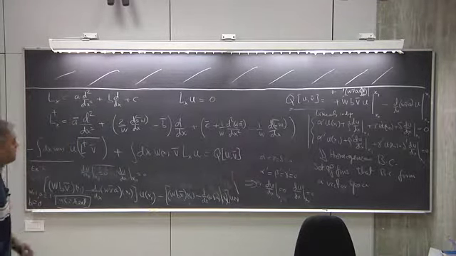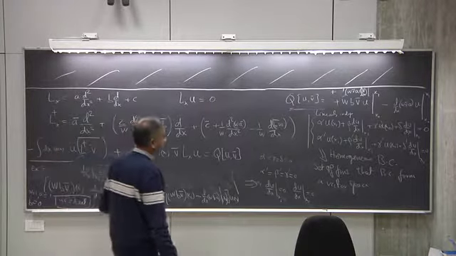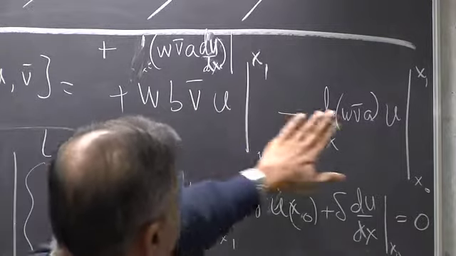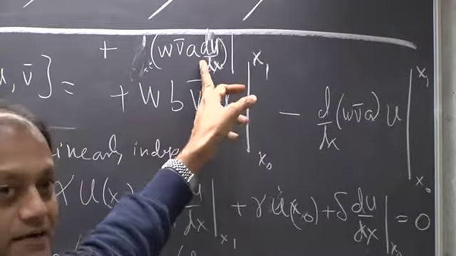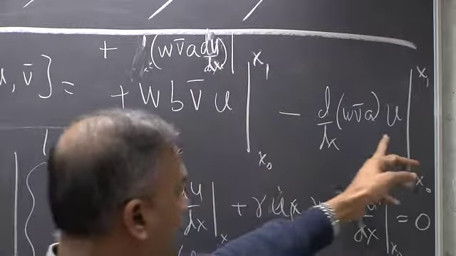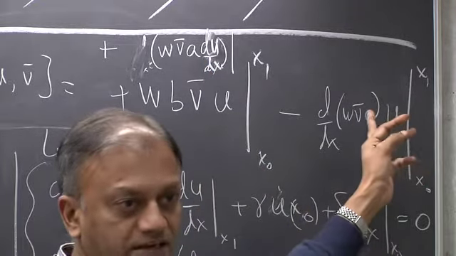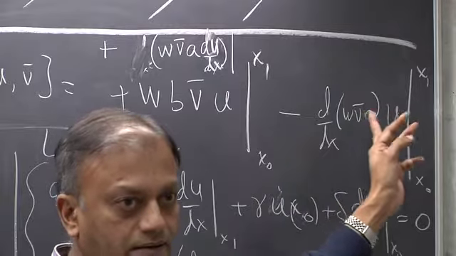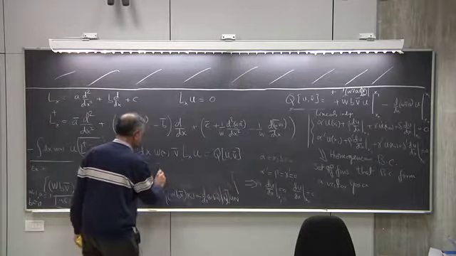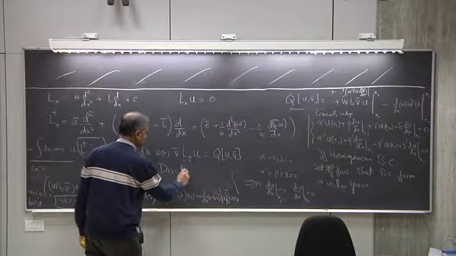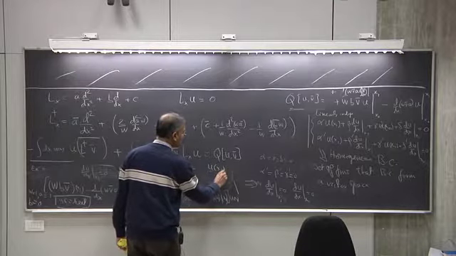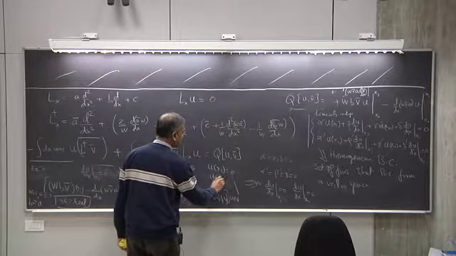Actually, for the Dirichlet condition, I didn't even need this, it disappeared anyway. If I had chosen Dirichlet boundary condition for u, these two terms vanish anyway. What is the Dirichlet boundary condition? It is u at x1 equal to 0 and u at x0 equal to 0.